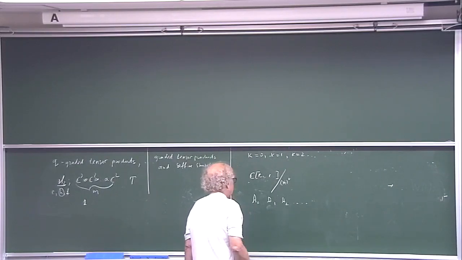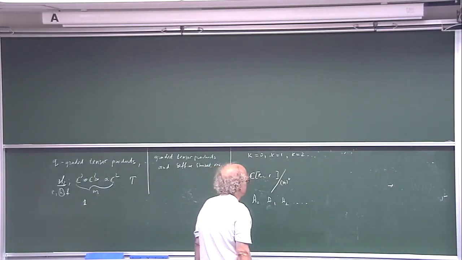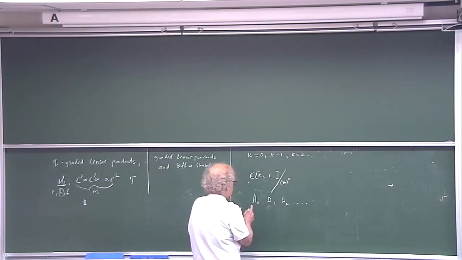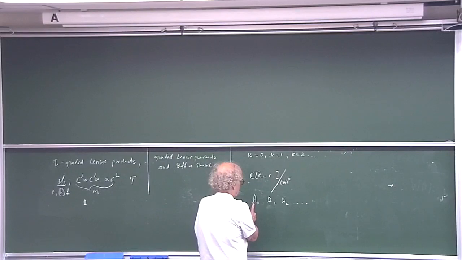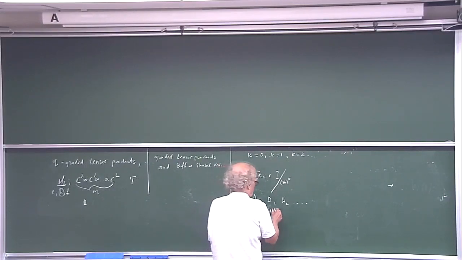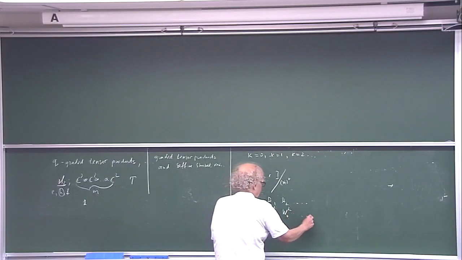But what I did not mention, and maybe I need it now, is that in my notation, it is surely C, it is W0 maybe, but for k equal 1, it is W1, for k equal 2, W2, and so on.